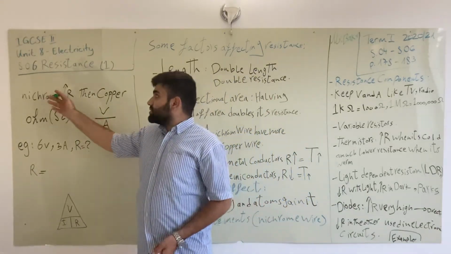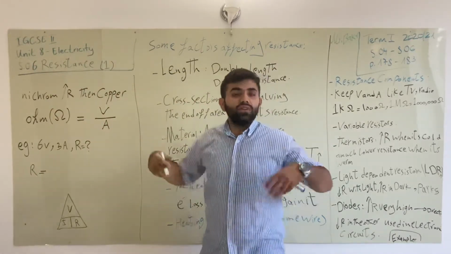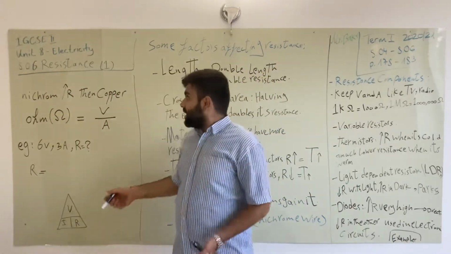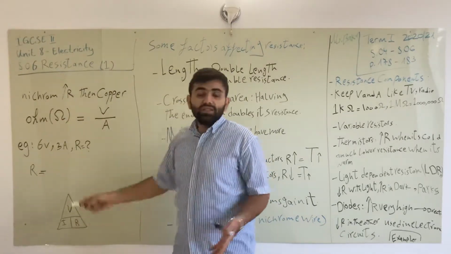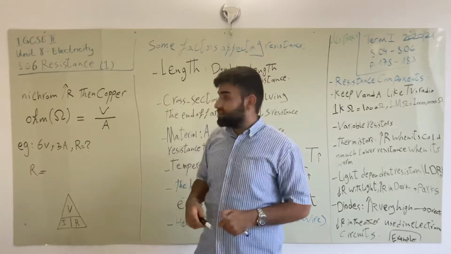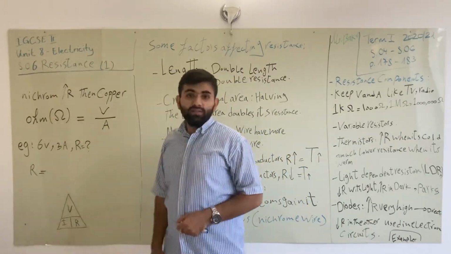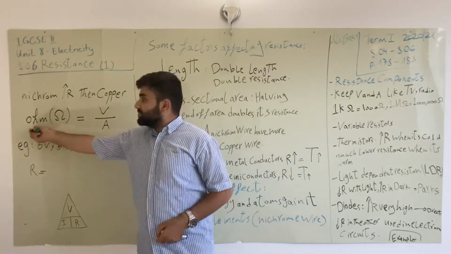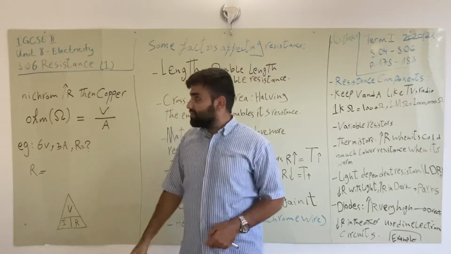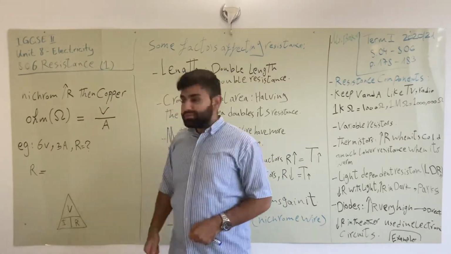So when I use connecting wires like copper that have low resistance, I need less voltage than with nichrome, because nichrome has more resistance. So how can I calculate the resistance? The resistance is measured in ohms, and it's given by the Greek letter omega.